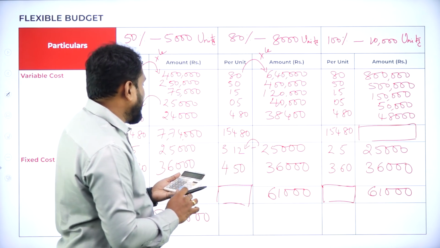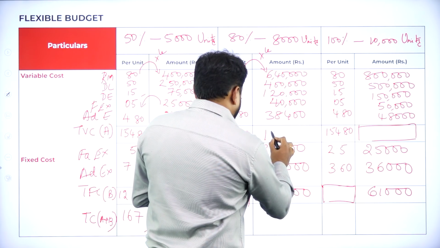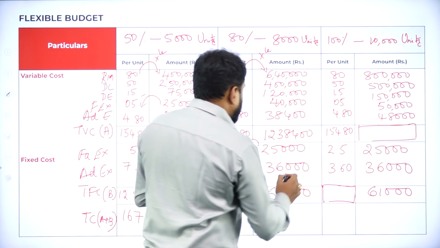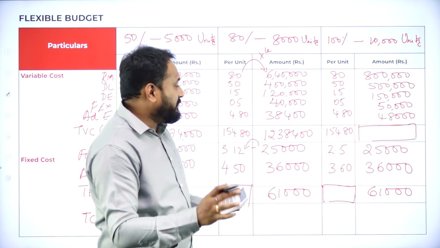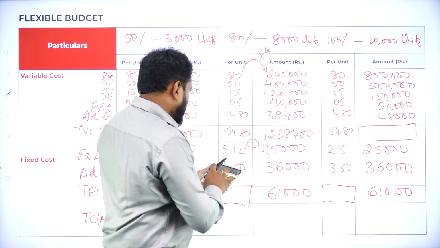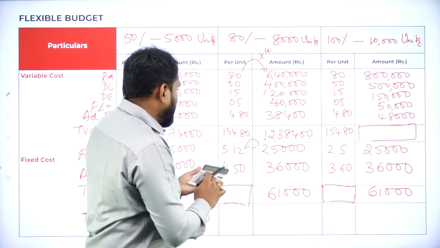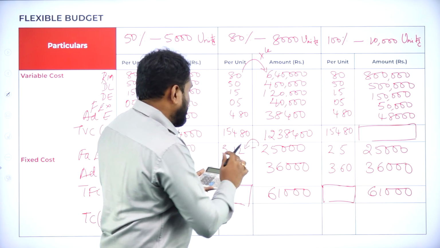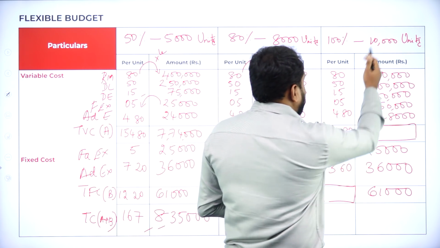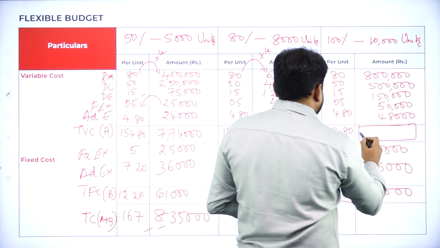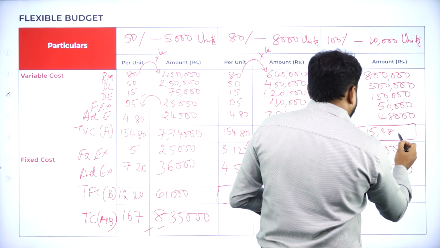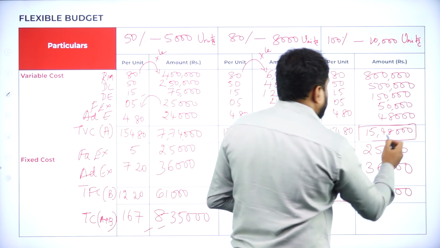So you got 12 lakh 38,400 here. Now just to verify, divided by 8,000, how much do you get? 154.80. Correct. Whatever you have done is correct here. Now the same way, 15480, if you go with it, you get 15,48,000 here.